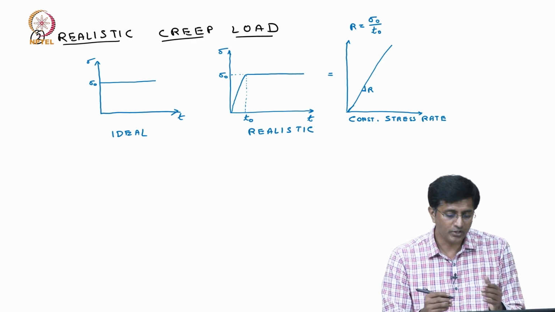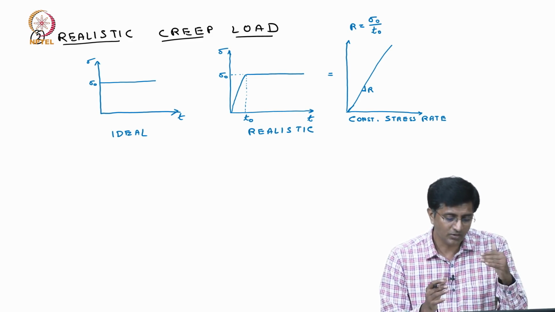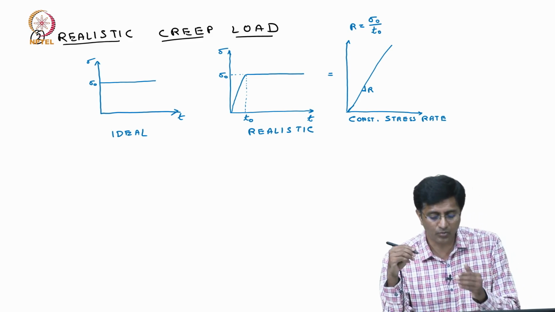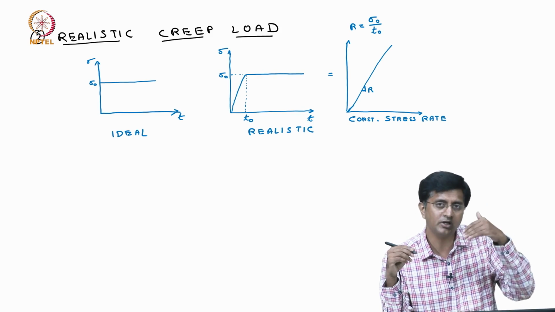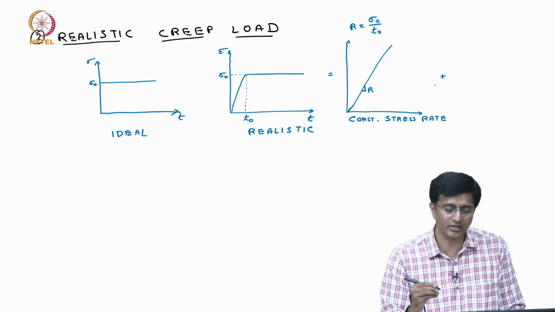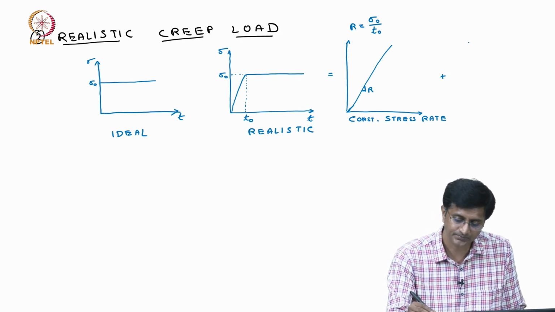and how do we ensure that at time t equals t naught the value becomes constant? For that, again we need to apply one more constant stress rate, but with a negative slope. But this should happen at what time? It should start at time t equals t naught.